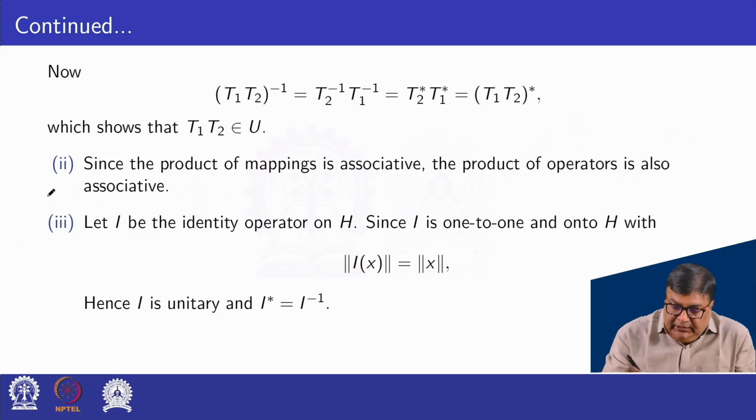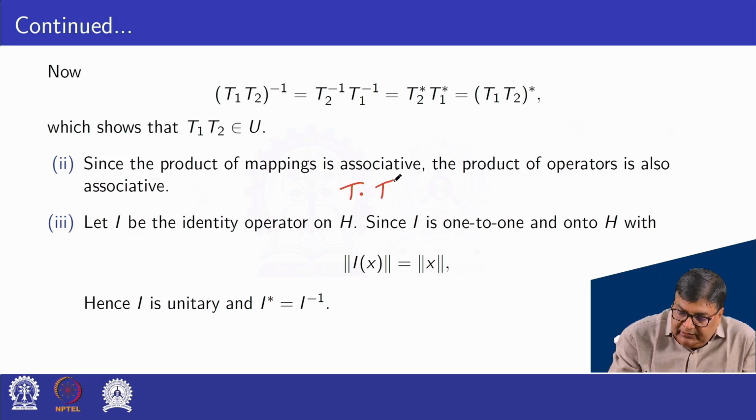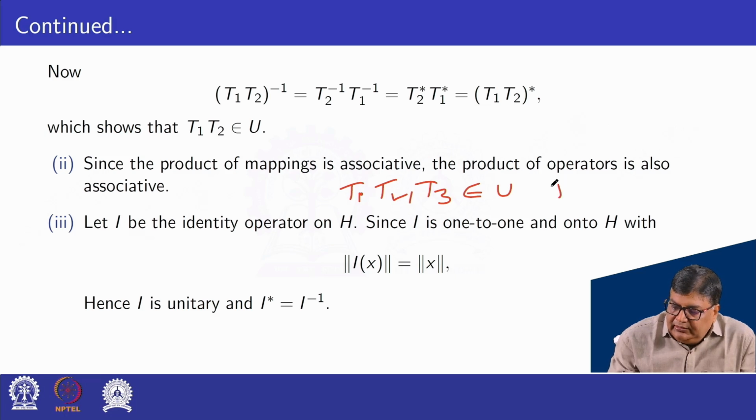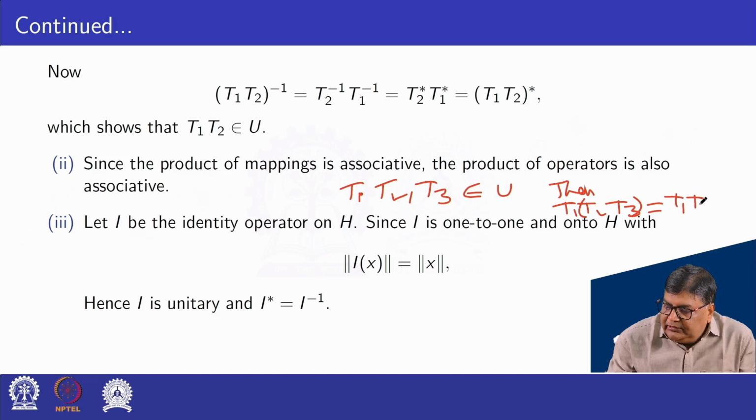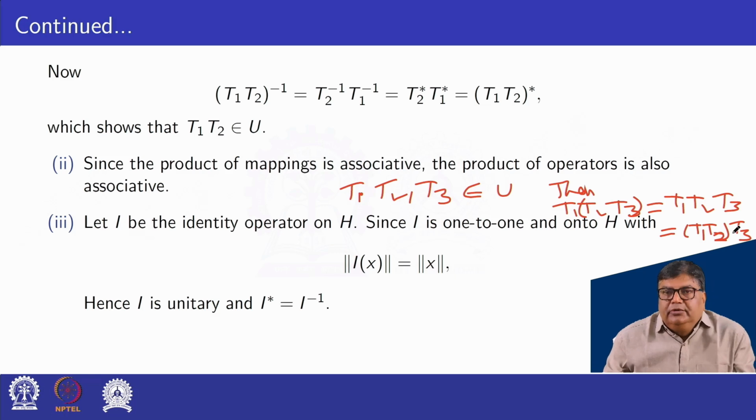That is, if T1, T2, T3 belong to U, then we can write (T1 T2) T3 equal to T1 (T2 T3). This can be written as T1 T2 T3. That is associative.